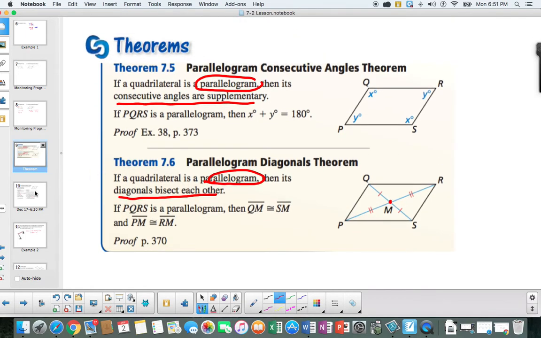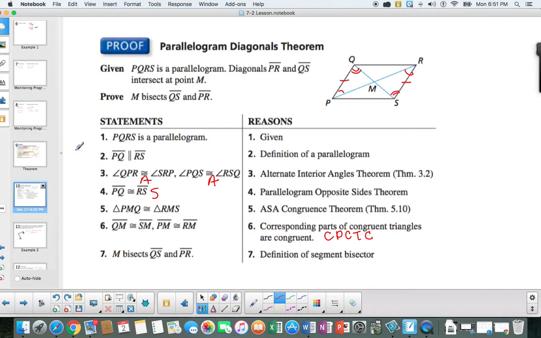Let's go ahead and prove that in this next theorem. All right, so we have a parallelogram, which means we have parallel lines. This line right here, PQ, is parallel to this side, which is SR. Now that's going to create some alternate interior angles that are going to be congruent, which I've indicated right here. We also have a pair of sides congruent because if you have a parallelogram, then opposite sides are congruent.